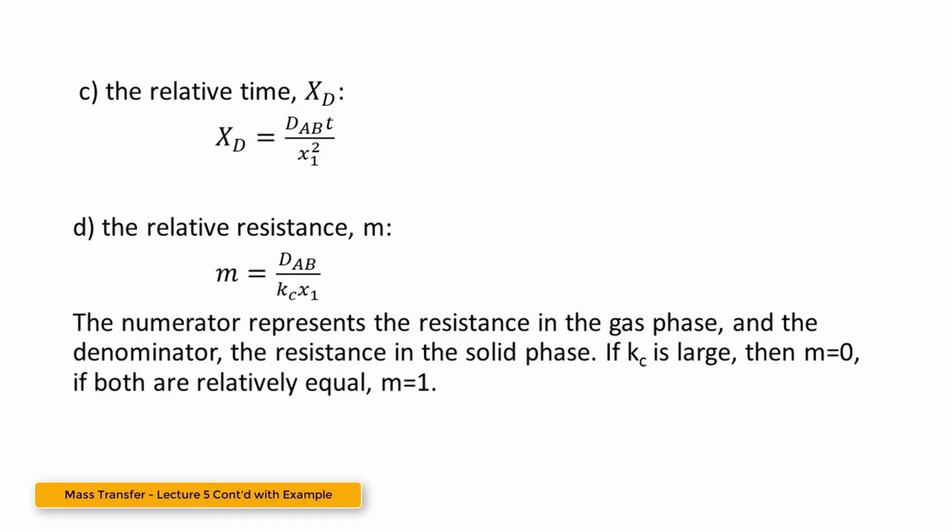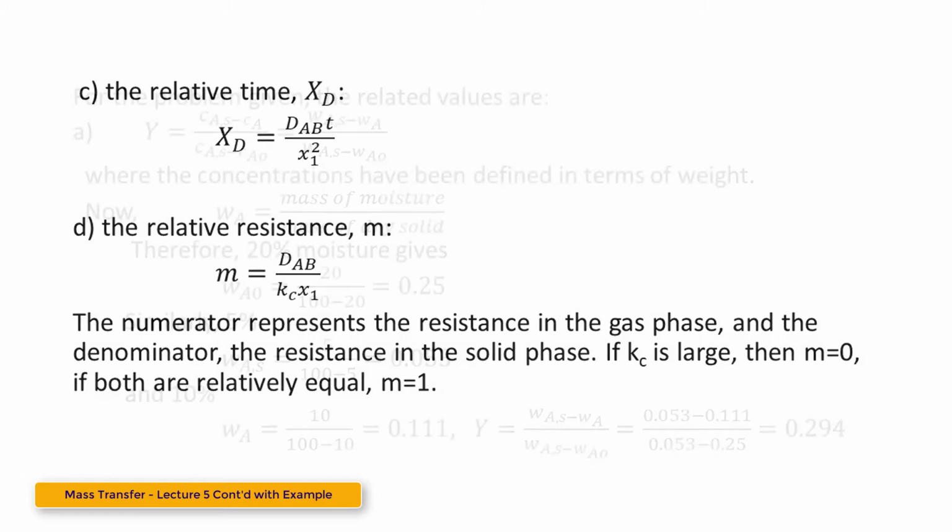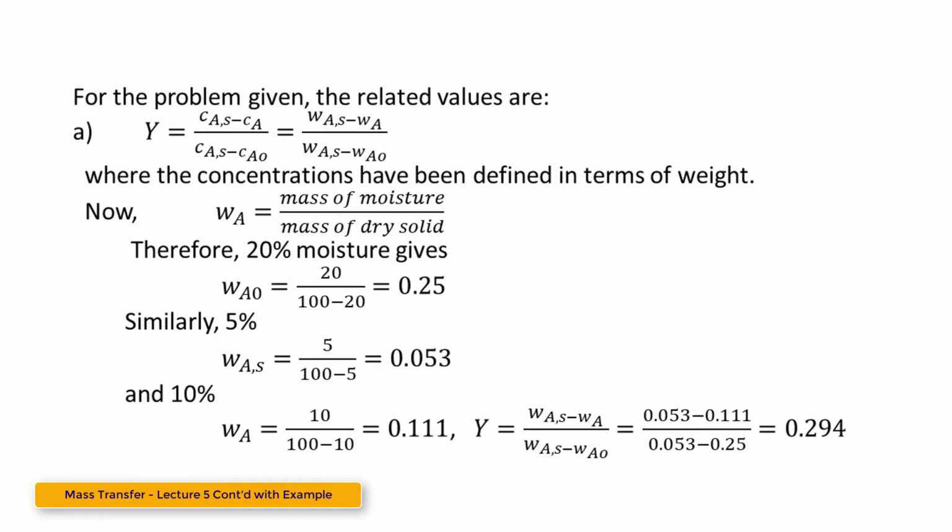When the mass transfer coefficient is high, there is faster transfer of material through the gas phase, and therefore the resistance is low. That's what you mean by Kc being large. So in that case, m is equal to 0. But if both are relatively equal, then m is obviously equal to 1.